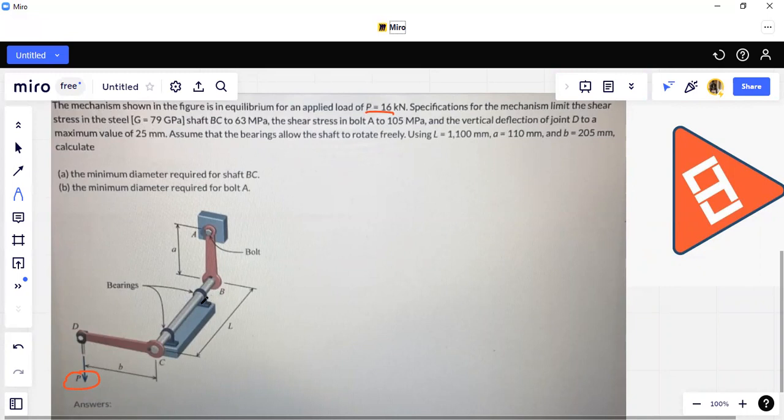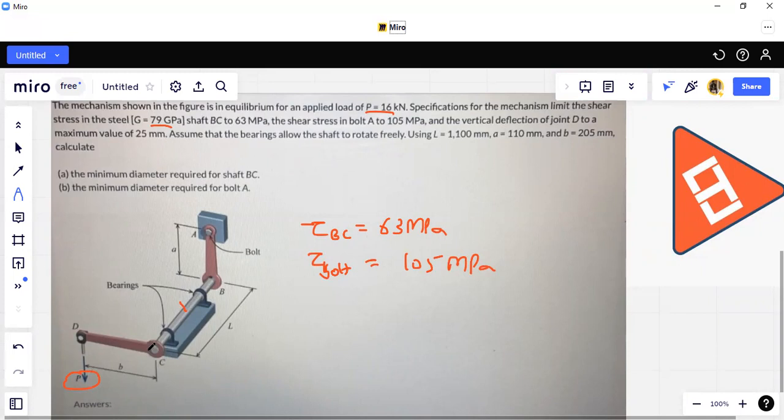The shear stress in BC is 63 MPa, the shear stress in the bolt is 105 megapascal, and the vertical deflection at joint D has a maximum value.